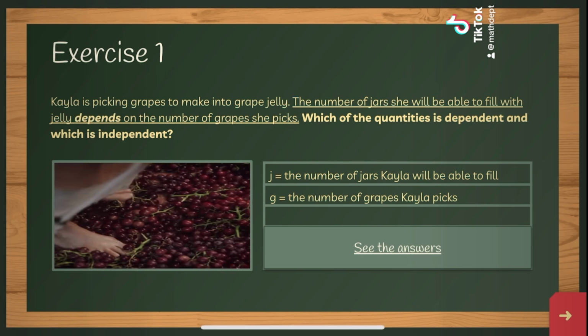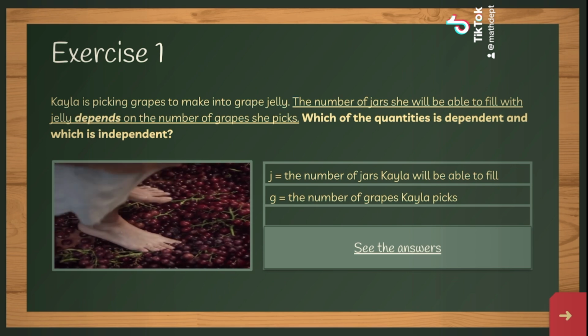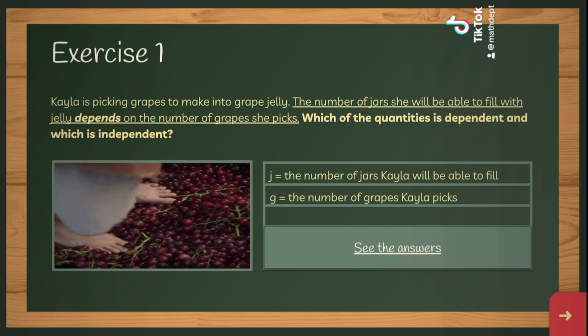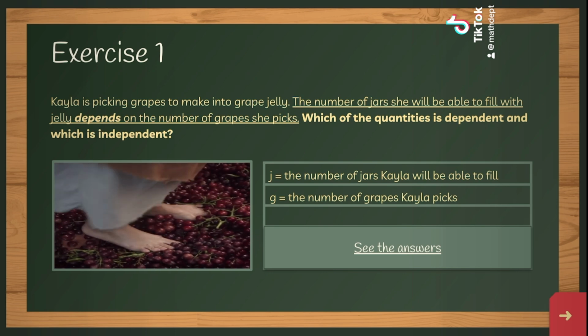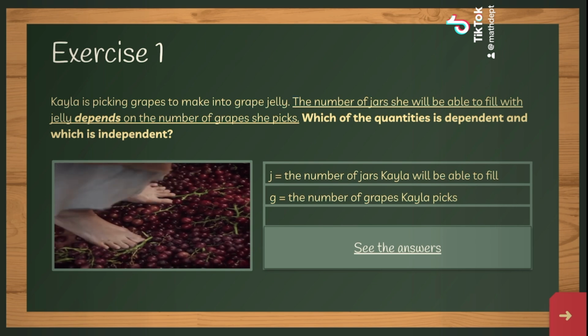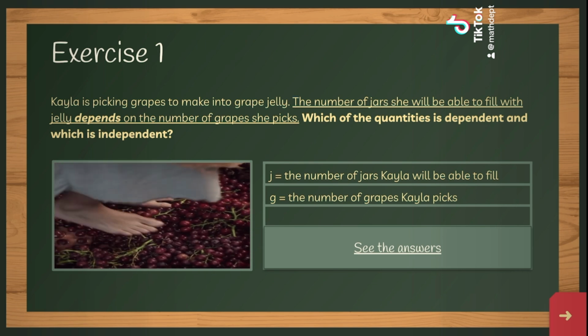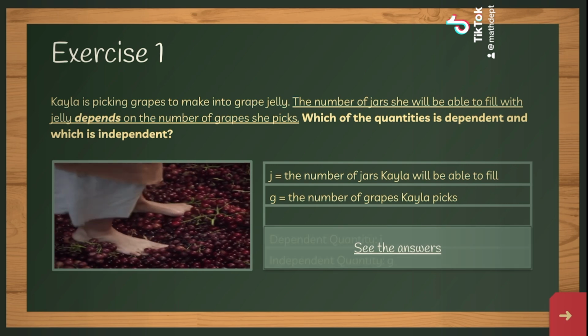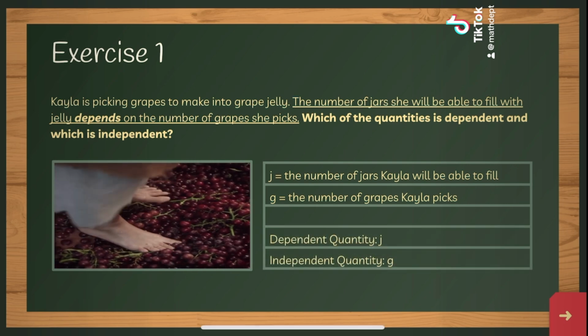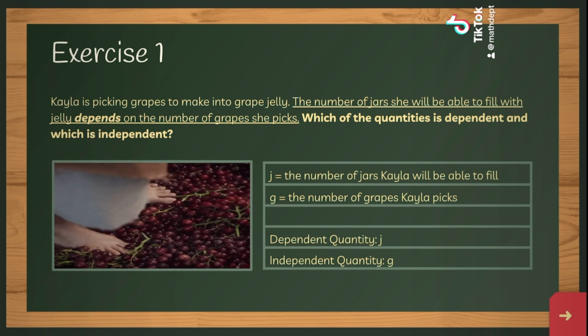And since the number of jars, J, depends on the number of grapes that she picks, J is the dependent quantity. This makes G the independent quantity, as G, the number of grapes that she picked, does not depend on J.